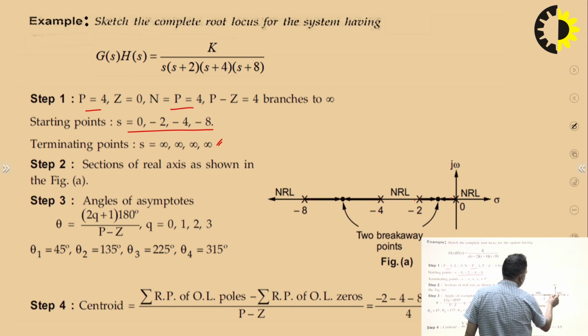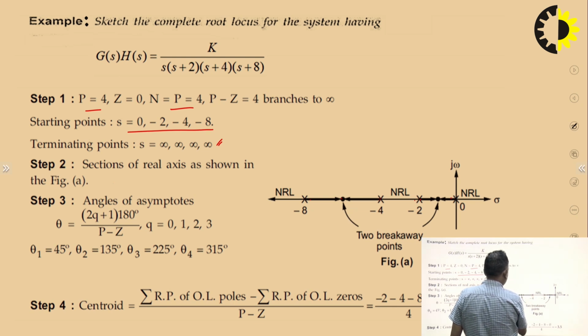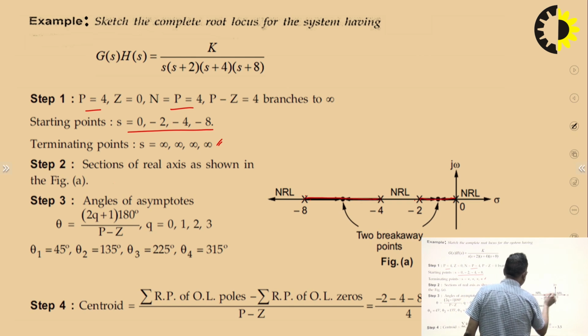So here the root locus will not exist, because there are 2 points, so no root locus. And here again the count is odd, so this is a root locus section, and this is also a root locus section.